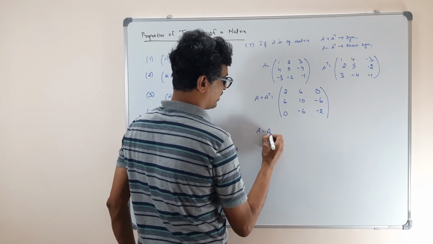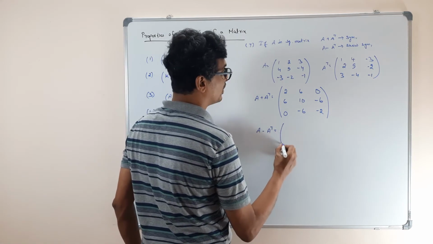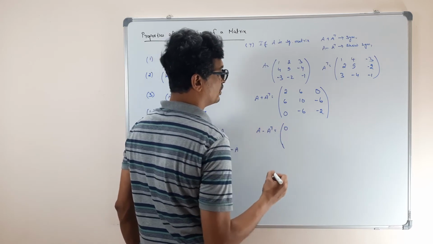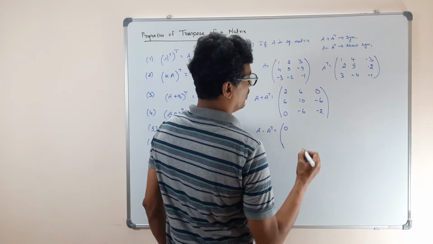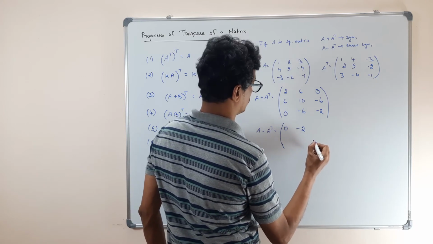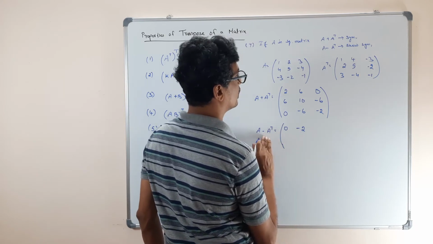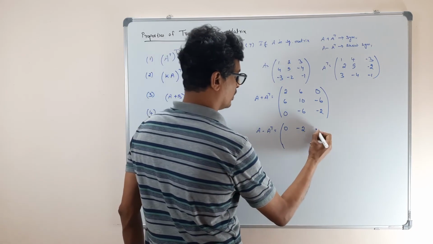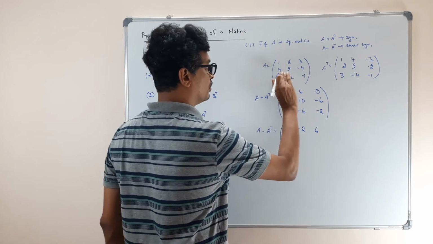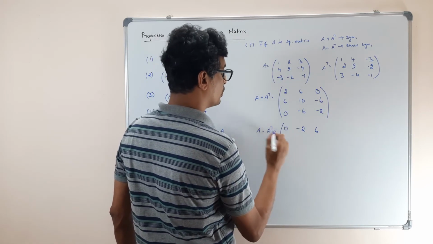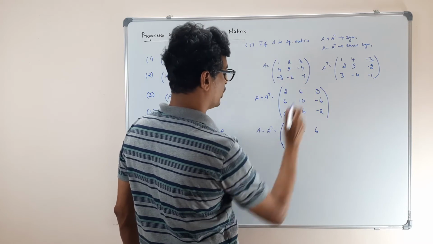A minus A transpose. 0, 0, minus 2, minus 2, 0. Come on, this is minus. That will be 6. 4 minus 2, minus 2, so it will be 2.